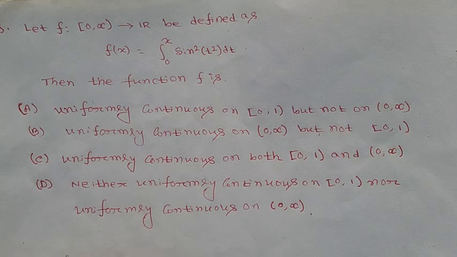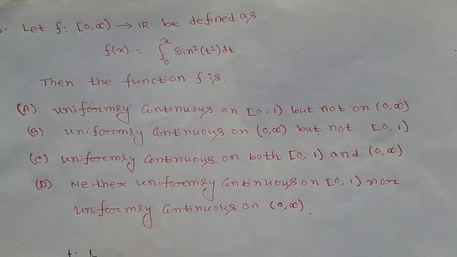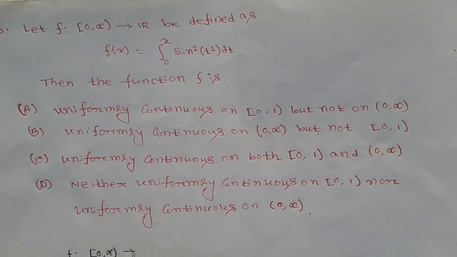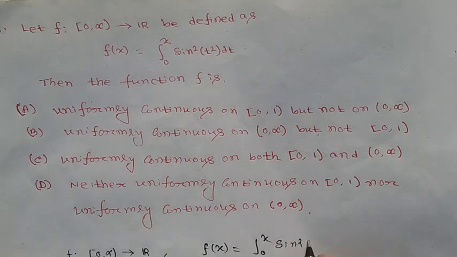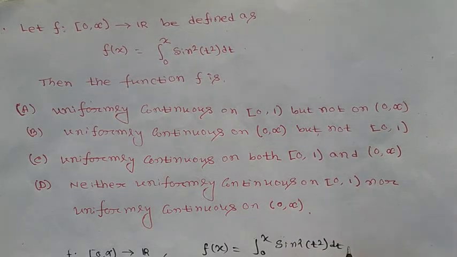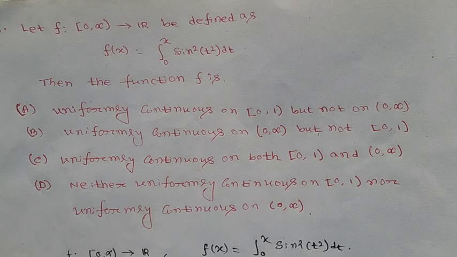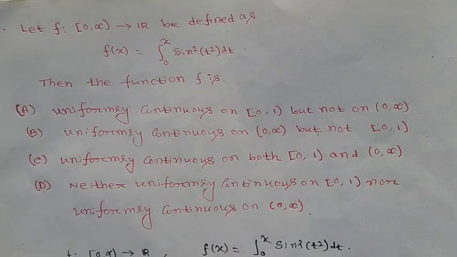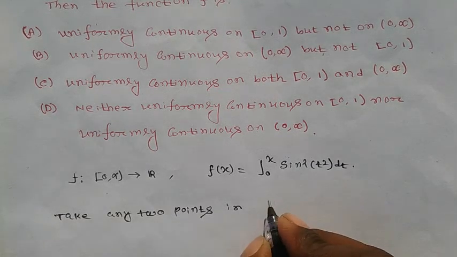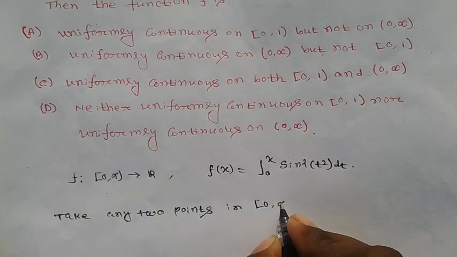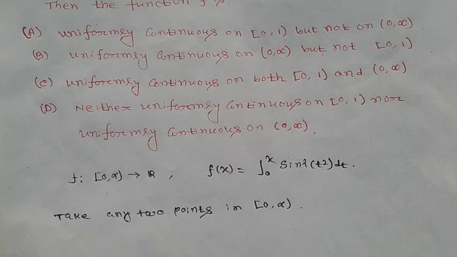First of all, the function f is defined on 0 to infinity to R such that f of x equals the integration from 0 to x of sin square t square dt. Take any 2 points in the closed interval 0 to infinity.